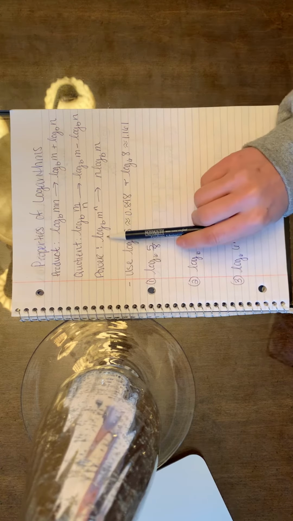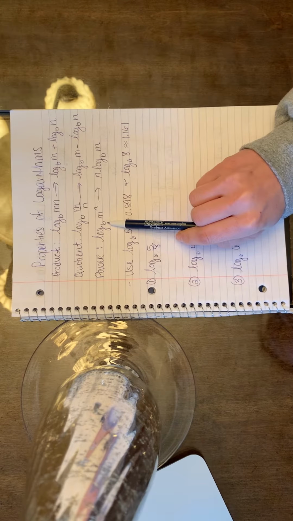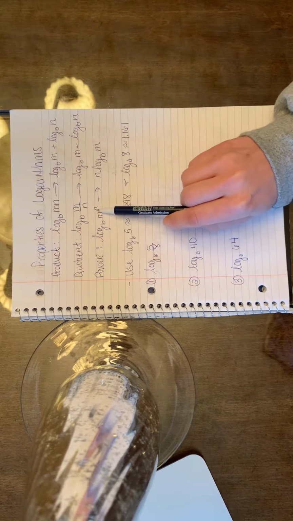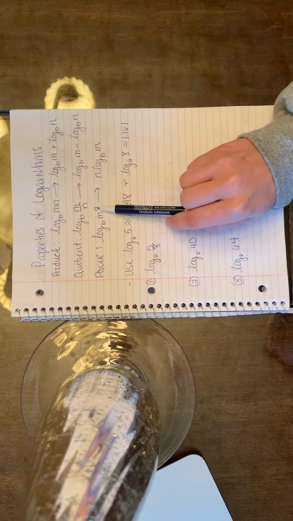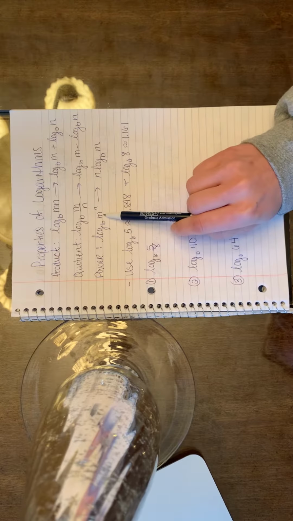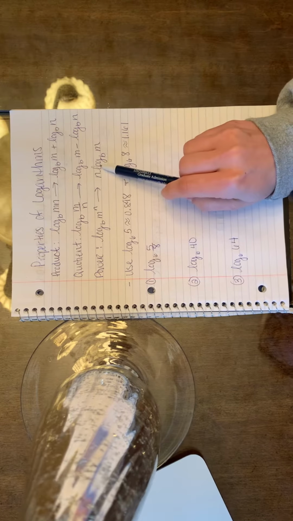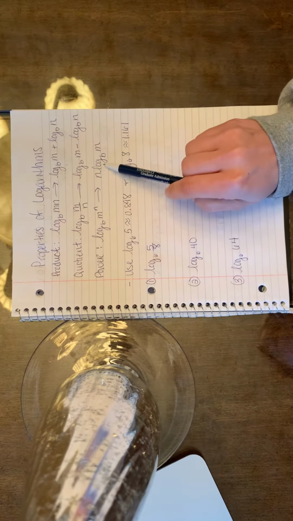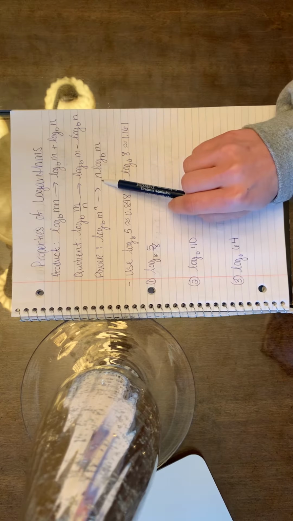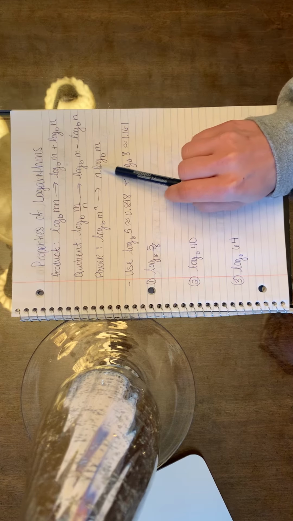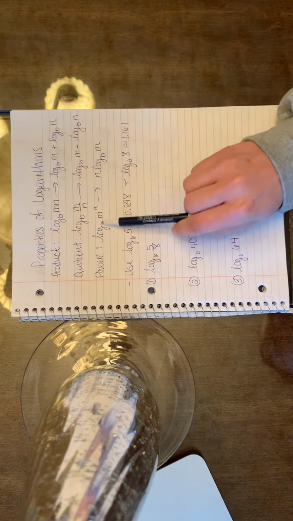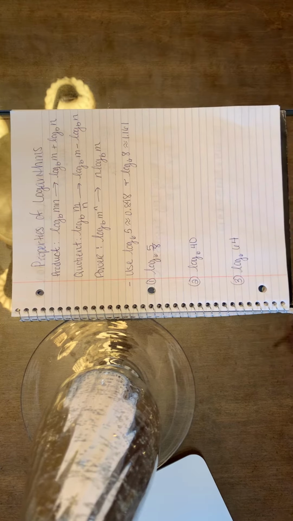That's when you have log base b of a number raised to an exponent, m to the n. The rule for that is taking that exponent and putting it in front of the log. It turns into n times the log base b of m, whatever m is.